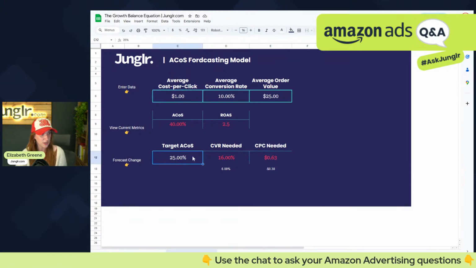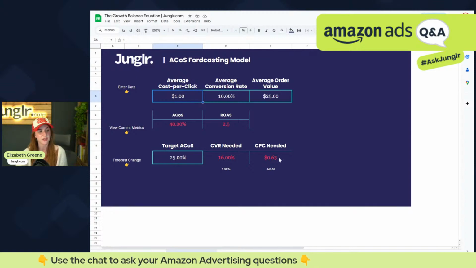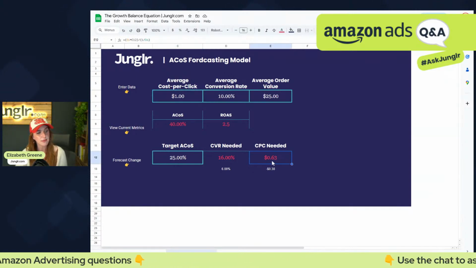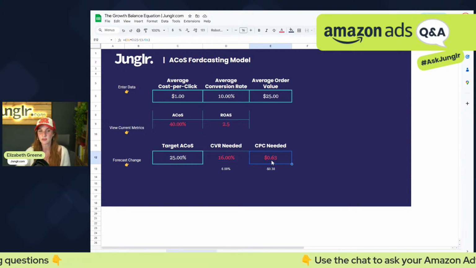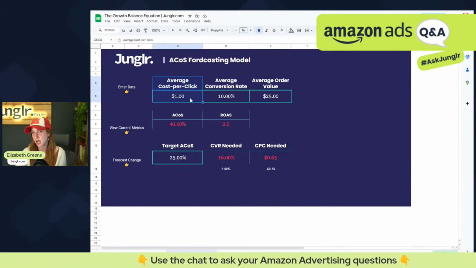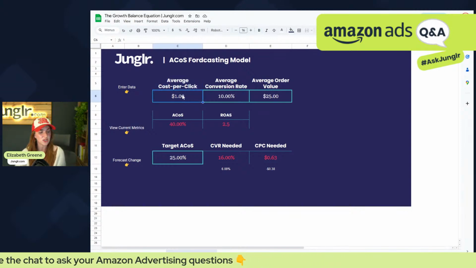So to get a 25% target ACOS, I need to take my average cost per click of $1 and bring it down to 63 cents. The problem is that 63 cents is not going to give me as many impressions, which is not going to lead to as many clicks, which is not going to lead to as many sales as a $1 CPC.